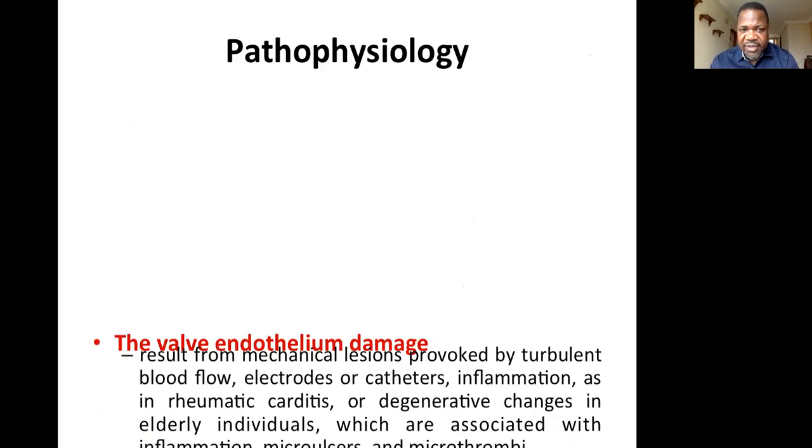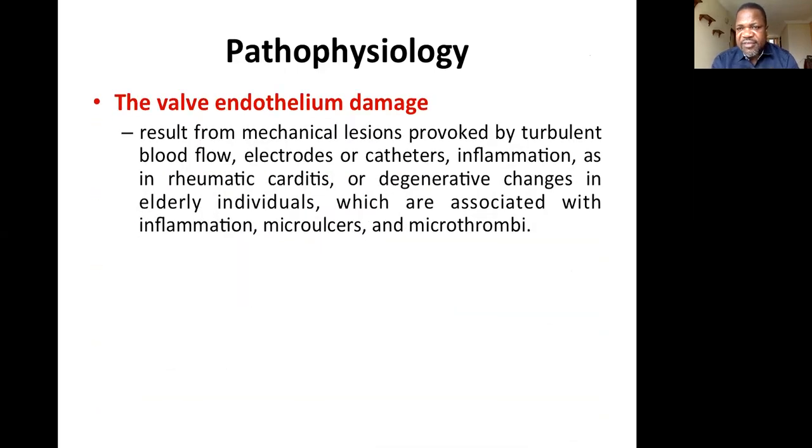Now, what happens before the patient develops infective endocarditis? The first thing is that the patient should have a pre-existing valve endothelium damage in the heart. This happens in many ways. It can be provoked by turbulent blood flow that can damage the valve.